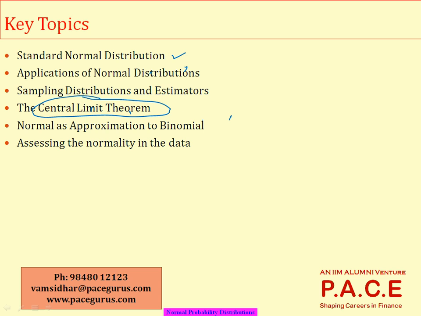And how do I convert a binomial distribution, which is a discrete distribution, into a normal distribution, that is, approximate it to a continuous normal distribution? And given particular data, how do I assess the normality in the data? These are the topics we will look at in this session. Let's start getting into it.